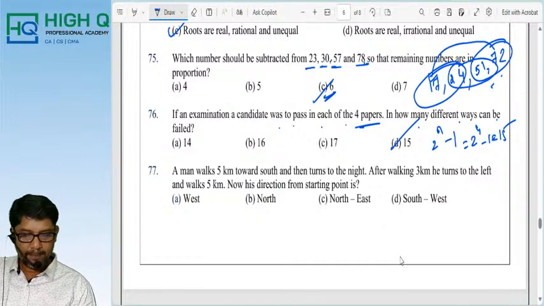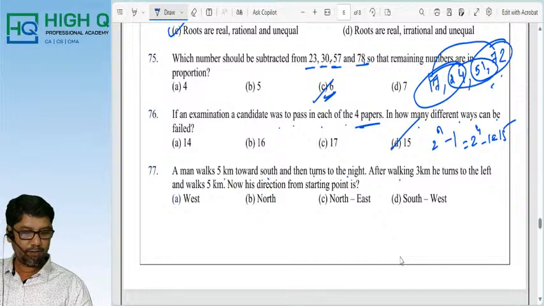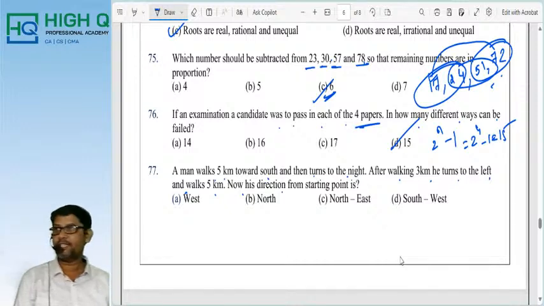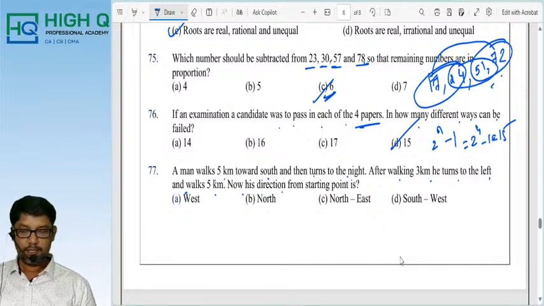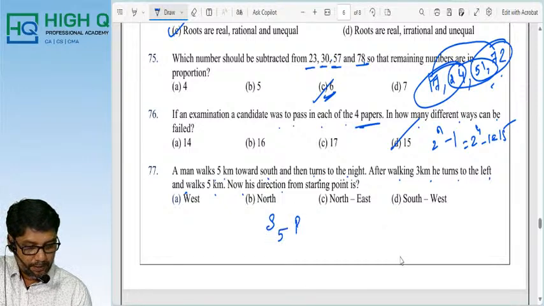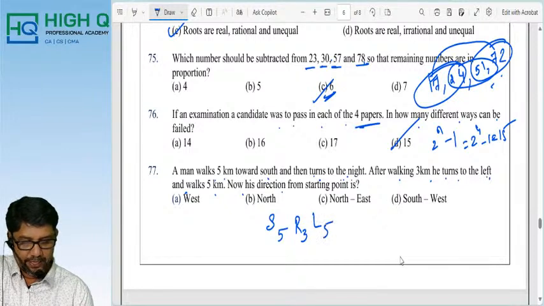Now, a man walks 5 km towards south, then turns right. After walking 3 km, turns to left and walks 5 km. Now what is his direction from the starting point? Now look at this. South 5 km, turns to right for 3 kilometers, turns to left 5 kilometers. Okay, cut. So south is more.